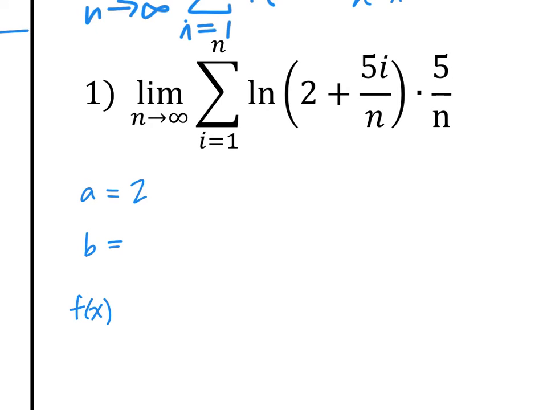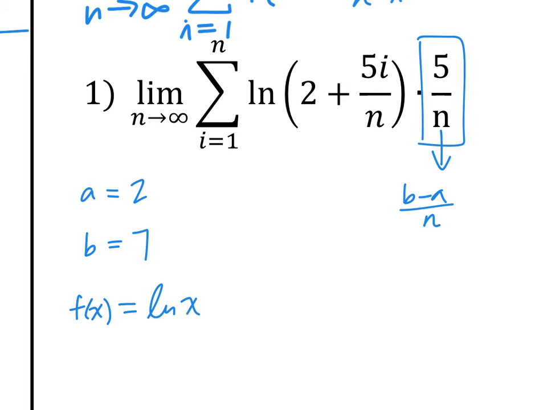What do you think delta x is? 5 over n. Okay, so this is going to be b minus a over n. From here, you're going to figure out what b is. 7. What do you think f of x is? Natural log x. You have everything you need to write this integral.